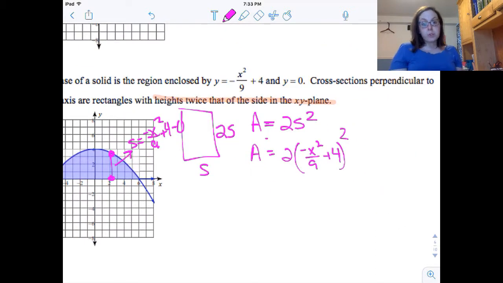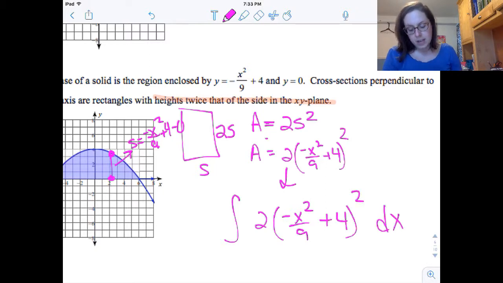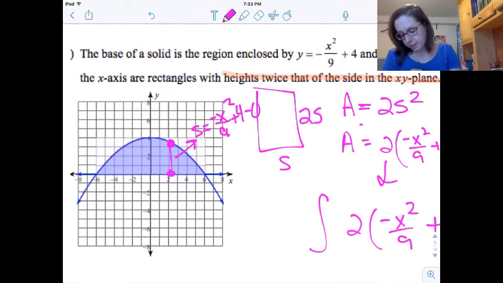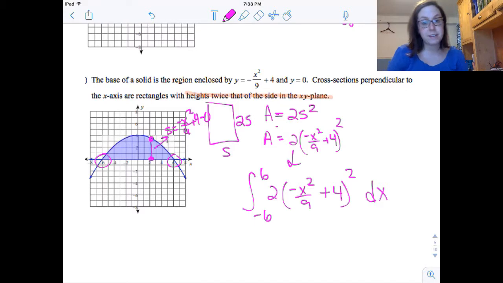To find my volume here, I'm going to integrate that, so plug that in there, to the integral of 2 times negative x squared over 9 plus 4 squared dx. And I'm going to go from here to here. And again, they could give you a symmetry. I'm going from negative 6 to positive 6, but they could do double negative 6 to 0 or double 0 to 6.